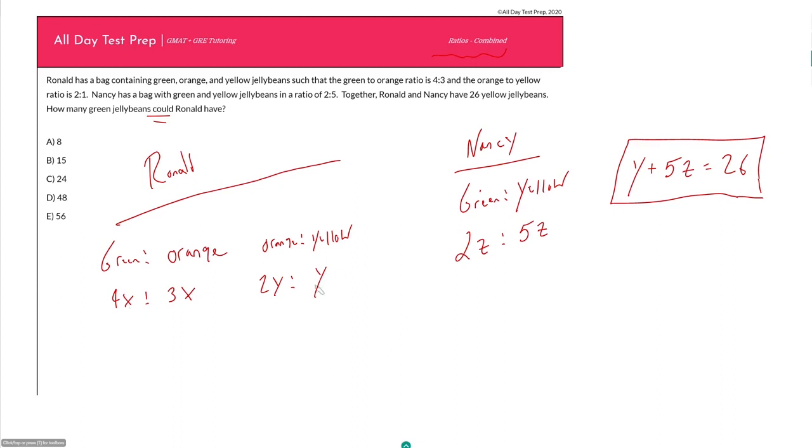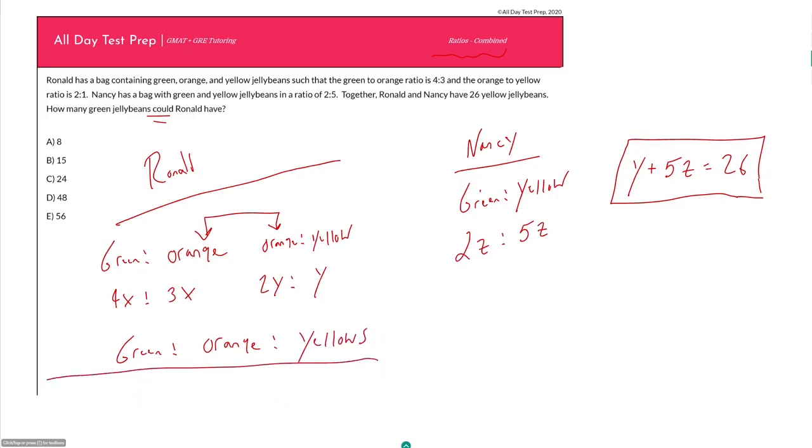So what should we do here? I would say first, we really did not fully set up our ratio here, because for Ronald, we could get this in terms of a single ratio of 3 things, because our ratios are connected through his oranges. So let's do that. Then hopefully we can connect x to y and z somehow. So my single ratio is just going to be my greens to my oranges to my yellows in Ronald's bag.